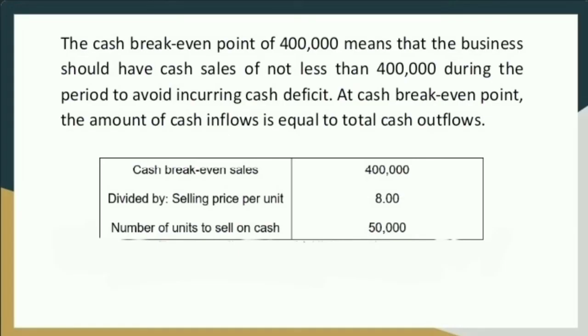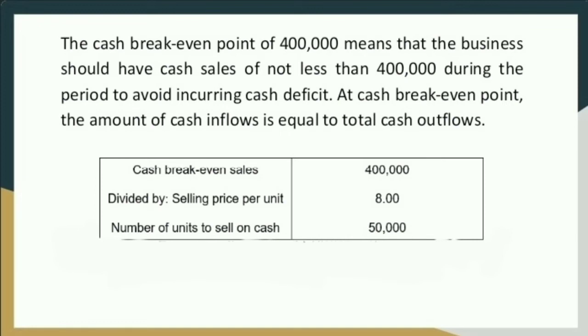So, the cash break-even point of 400,000 means that the business should have cash sales of not less than 400,000 during the period to avoid incurring cash deficit. So, sa table, cash break-even sales divided by selling price per unit equals number of units to sell on cash, which is 50,000.